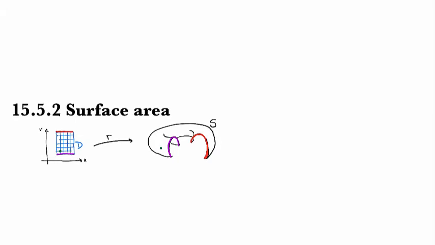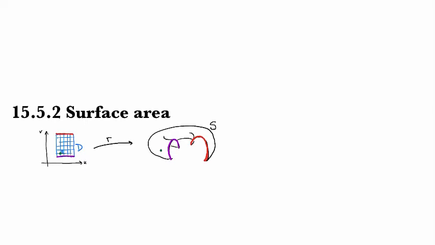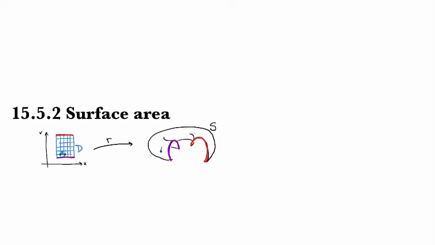Then that little patch right here is going to get mapped into some little patch over there. And if we move a little bit in the u direction right here, then going that way is going to be the partial of R with respect to u.